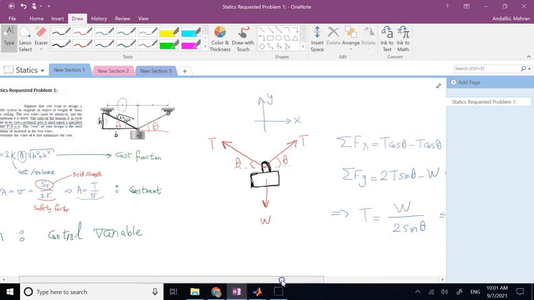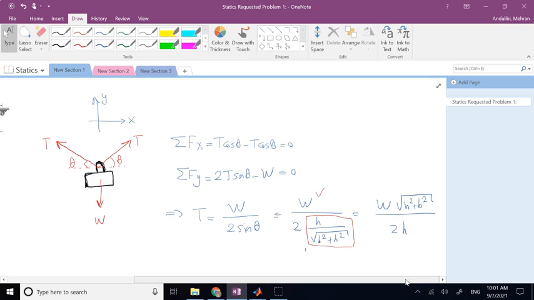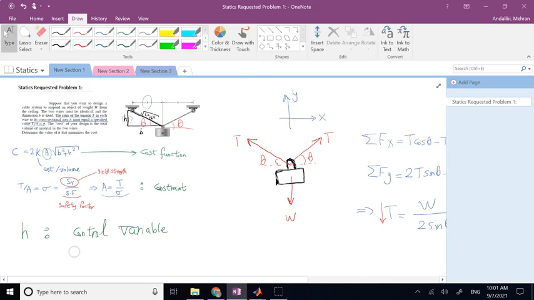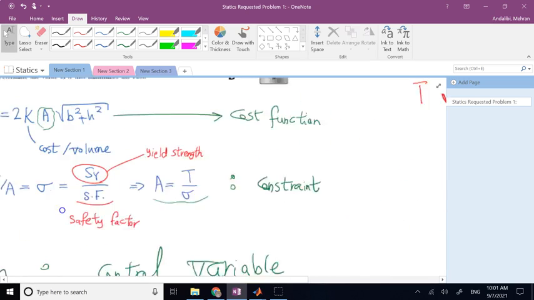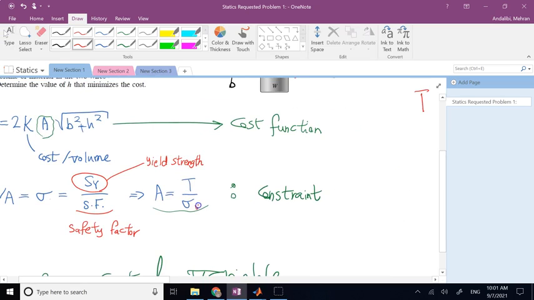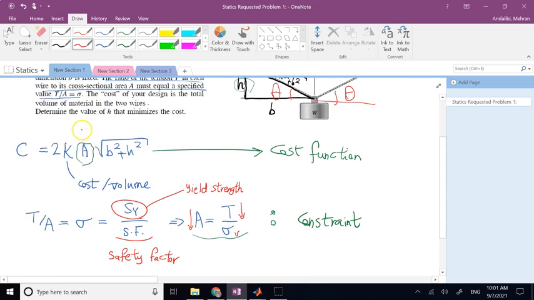So increasing h will make sine theta go up, right? So as h goes up, the sine theta goes up, and it makes t go down. And when t goes down, if you look here, because sigma is constant, t goes down means a goes down. And when a goes down, that means the cost can go down.